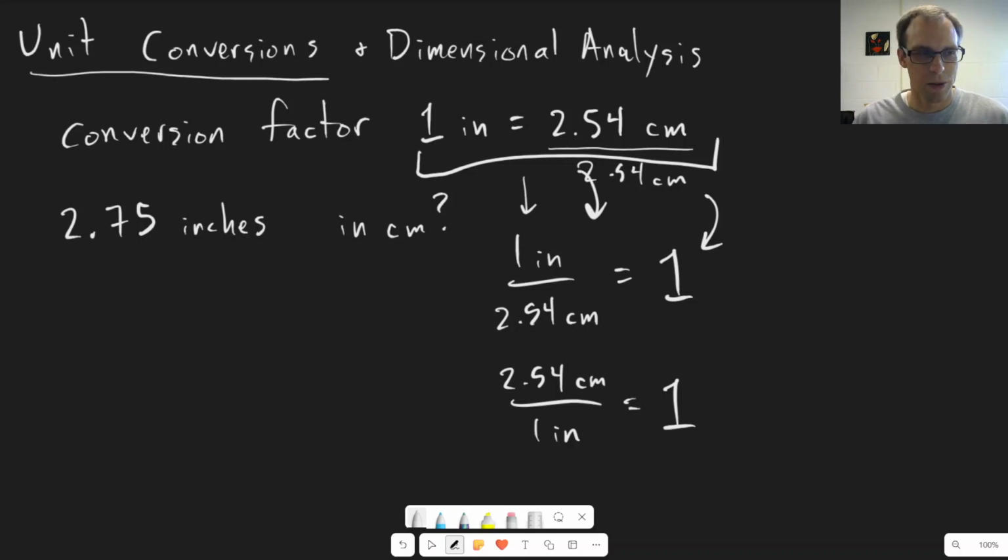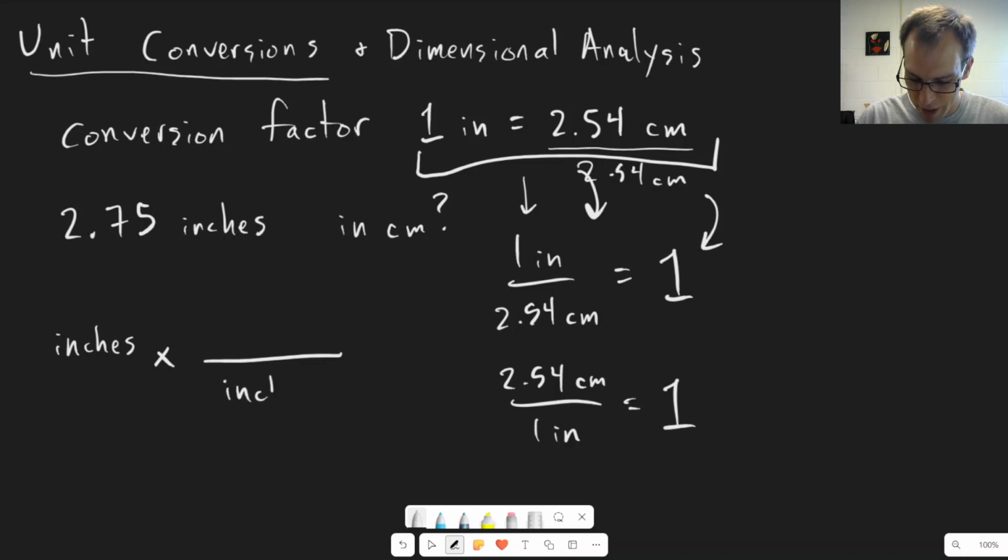So before putting any numbers in here, let's say, just thinking about units, we have something in inches, and we multiply by a fraction here. This is the idea of dimensional analysis, and it goes in with unit conversions.